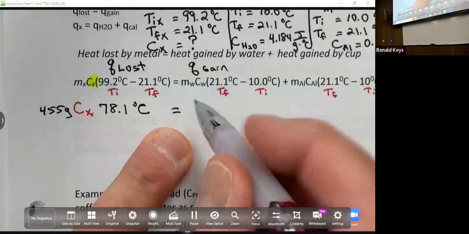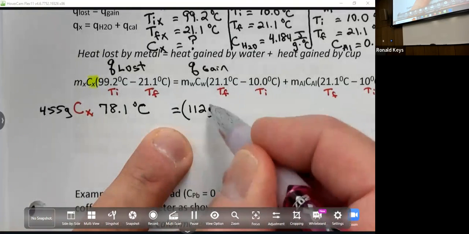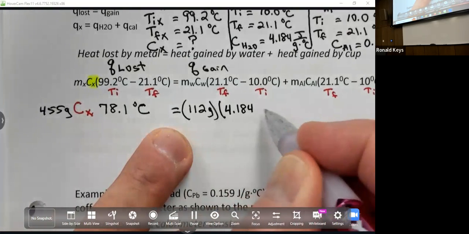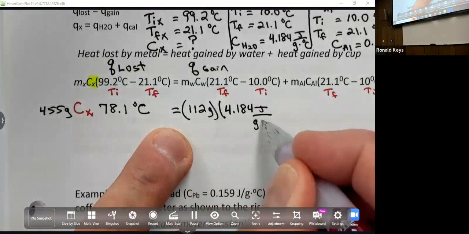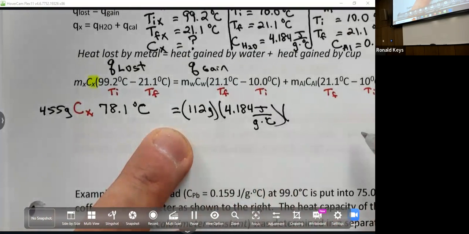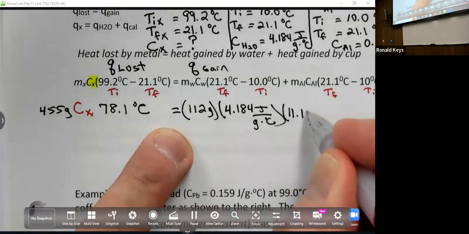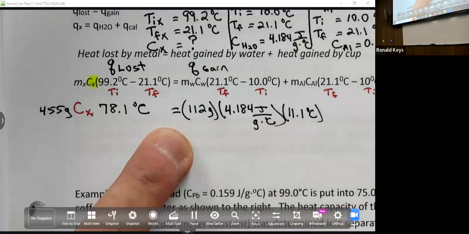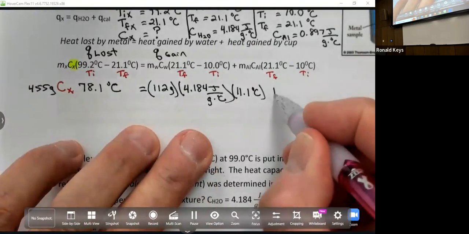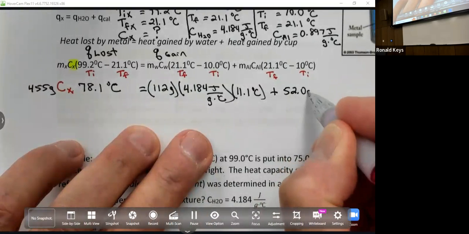And the mass of our water is 112 grams. Specific heat of water, 4.184. And our temperature change is 11.1. And the mass of our aluminum cup is 52 grams.